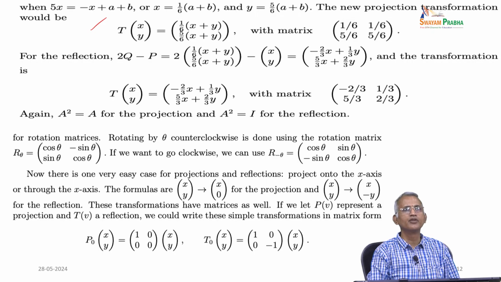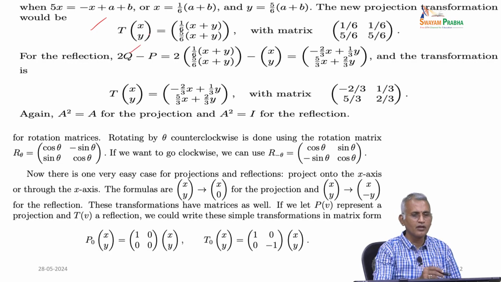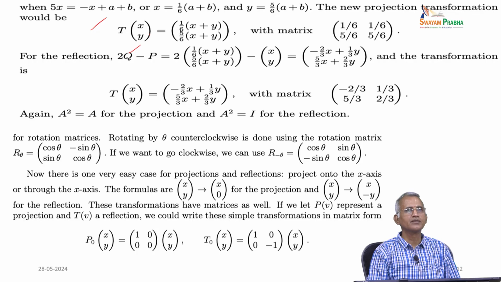This new projection transformation would be T of (x, y) equal to what? 1 by 6 into x plus y, 5 by 6 into x plus y. We have the matrix 1 by 6, 1 by 6, 5 by 6, 5 by 6. So, the reflection 2q minus p equal to 2 times of (1 by 6 into x plus y, 5 by 6 into x plus y) minus (x, y).